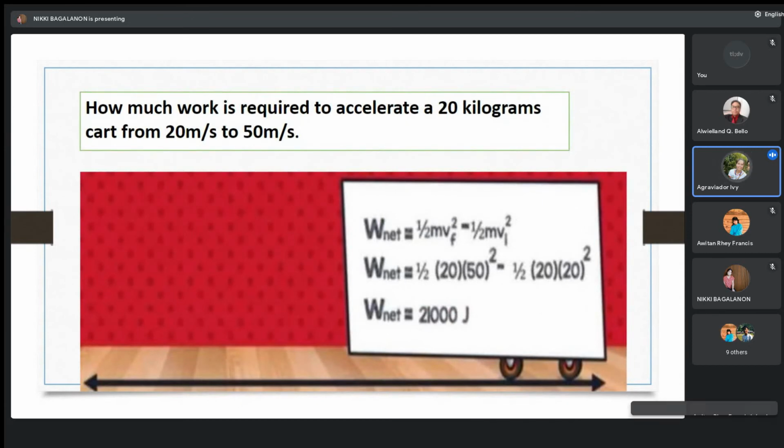How much work is required to accelerate a 20 kilogram car from 20 meters per second to a higher speed in meters per second?